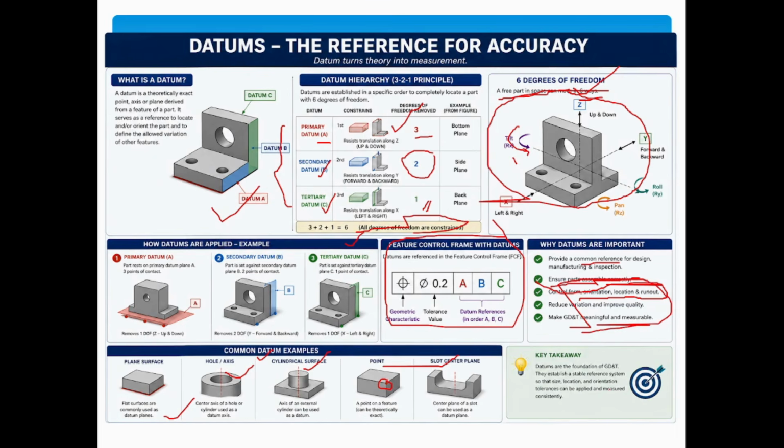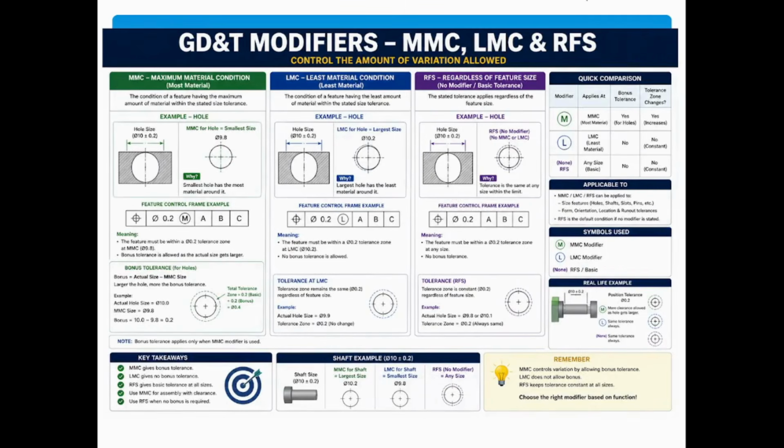For example, if I say that these two surfaces are parallel to each other, and I'm giving a GD&T over this, then there would be one datum and the other which follows the parallelism. So this makes it meaningful. Now let's come to this M symbol, L symbol.